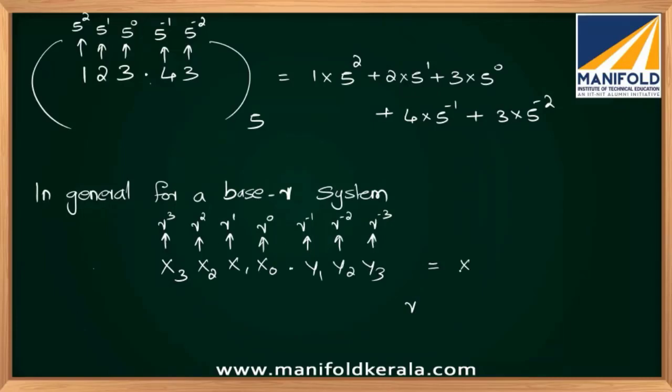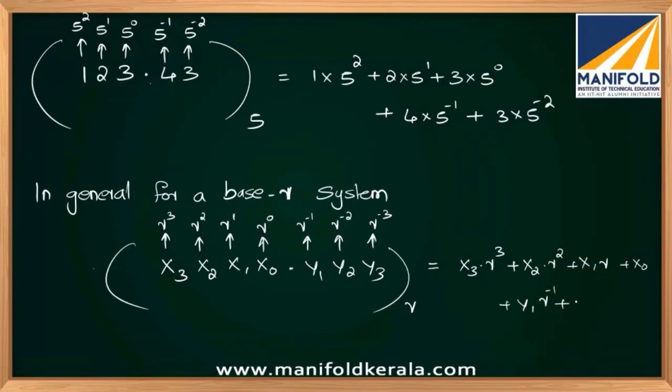So it will be x3 into R raised to 3 plus x2 into R square plus x1 into R plus x0 into R raised to 0, which is 1, plus y1 into R raised to minus 1, and so on. You don't have to worry about the calculation. I'm just showing this to make you understand how the positional weighting system works.